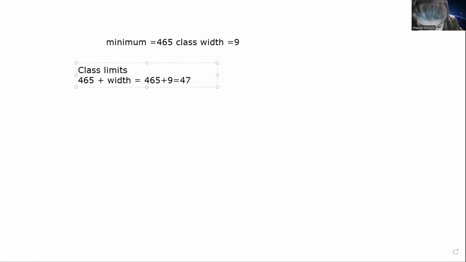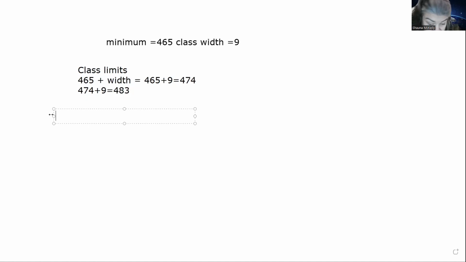If you continue that, you keep adding: 474 plus 9 becomes 483. And you keep going until you have sufficient numbers.